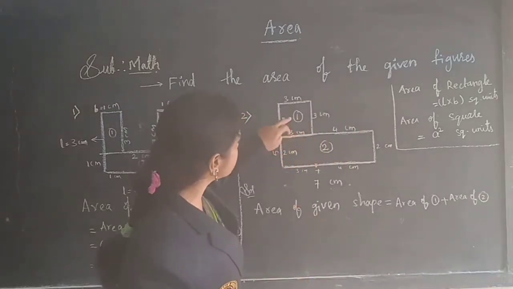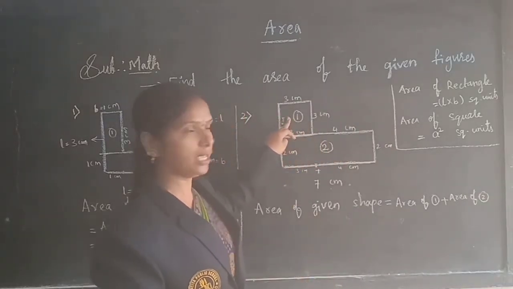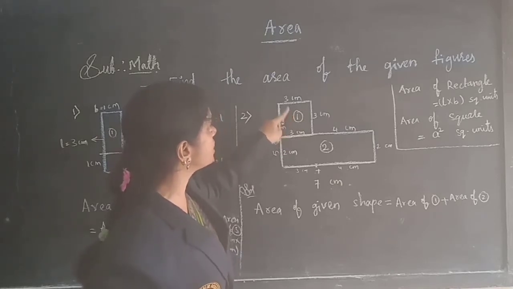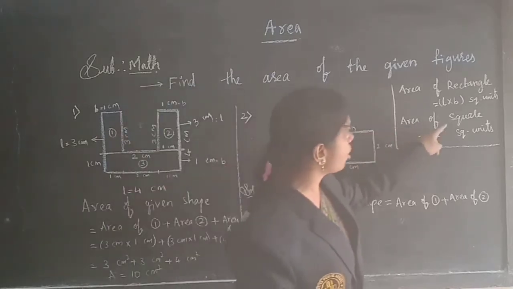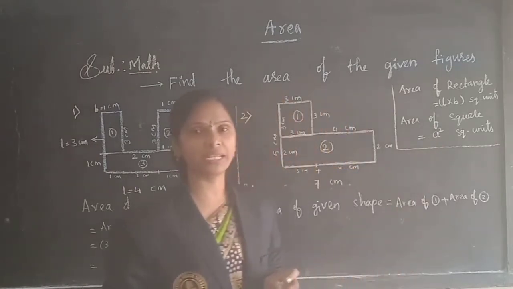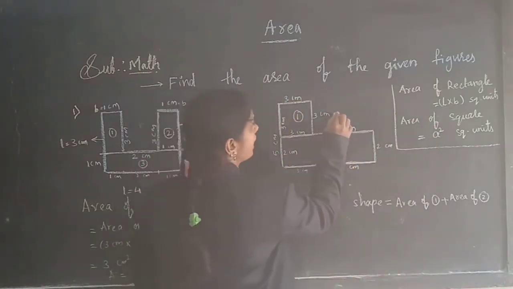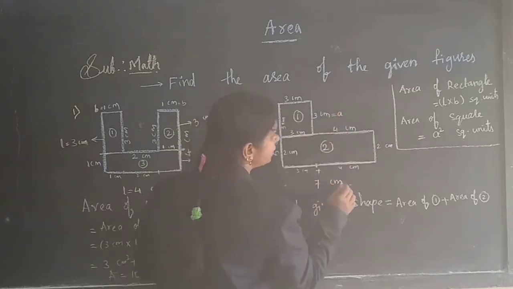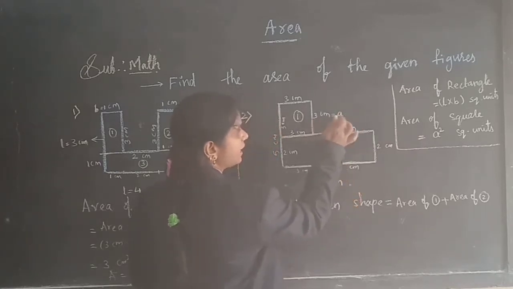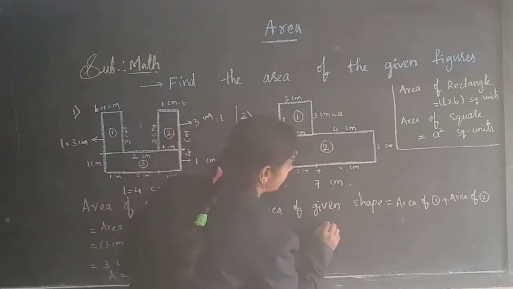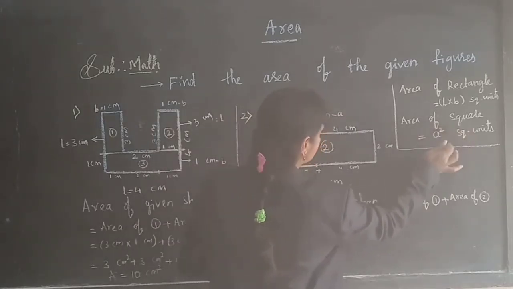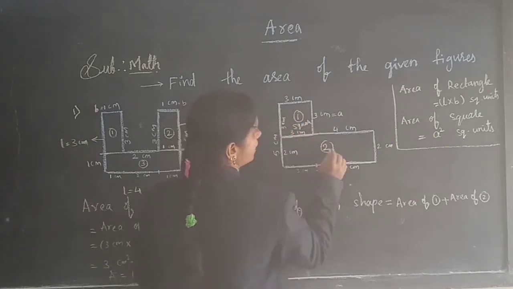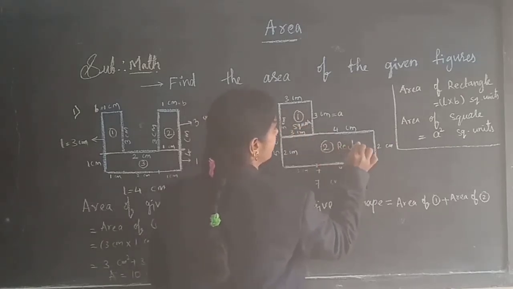What do we have as the first figure? A square, children. The first shape is a square, which means we need to use the formula for the area of a square. What is the formula? It is A squared, my children, where the side length is A. This is a square shape, and this is a rectangular shape.